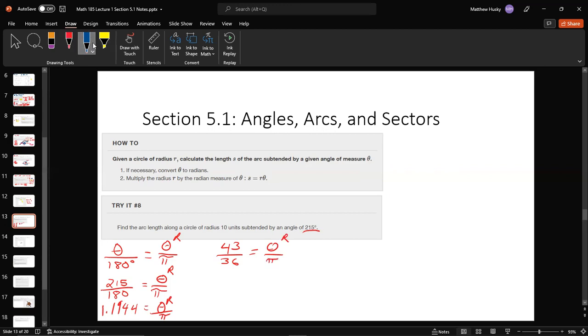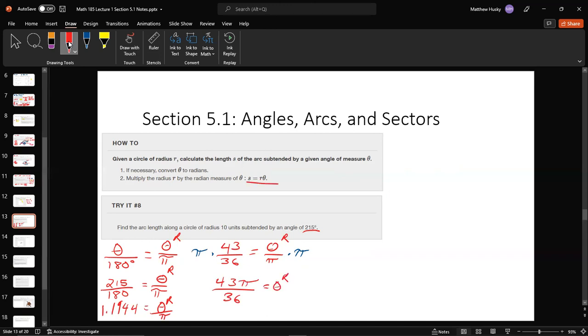We need to multiply both sides by pi. And if you do so, you get 43 pi over 36. That is the angle in radians.